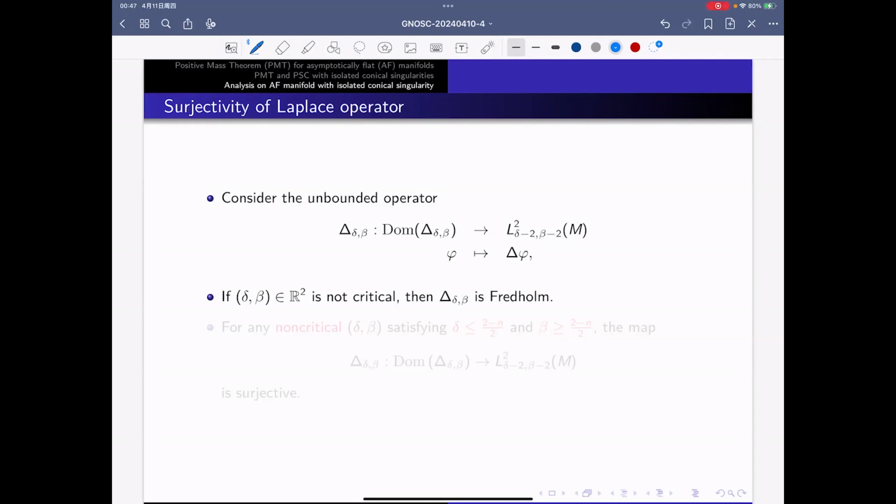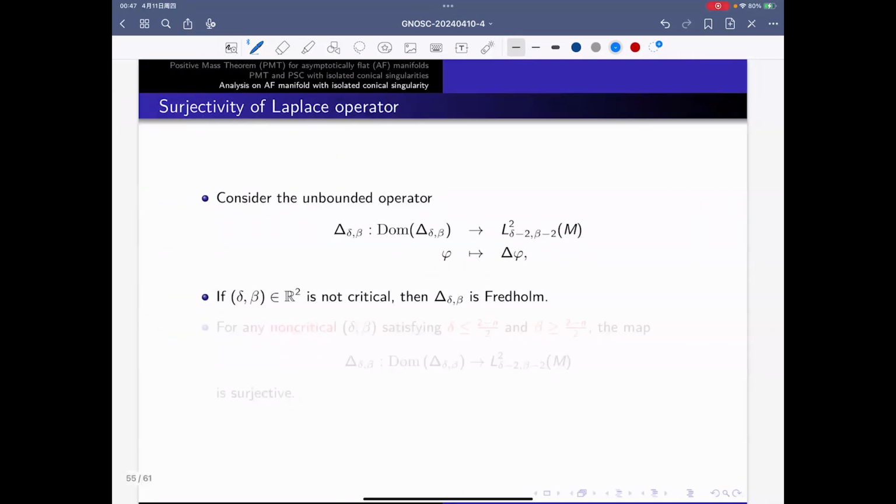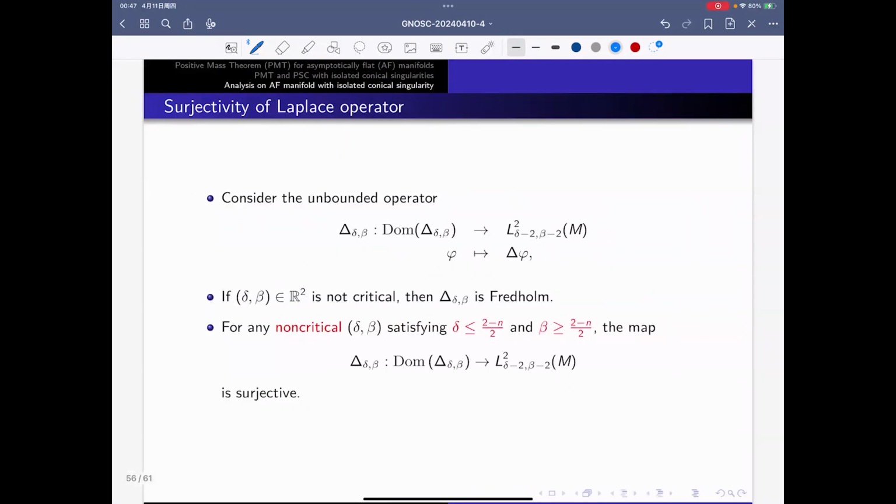So then to show it's surjective, we just need to show its adjoint is injective, right? This can be done if you assume delta is less than half of 2 minus n and beta is greater than half of 2 minus n, right?